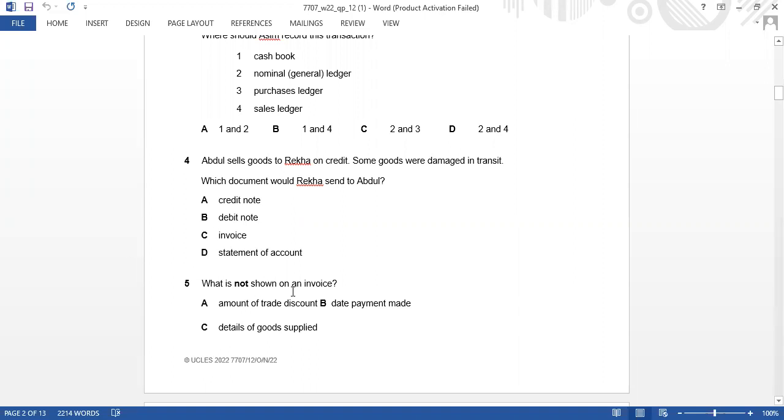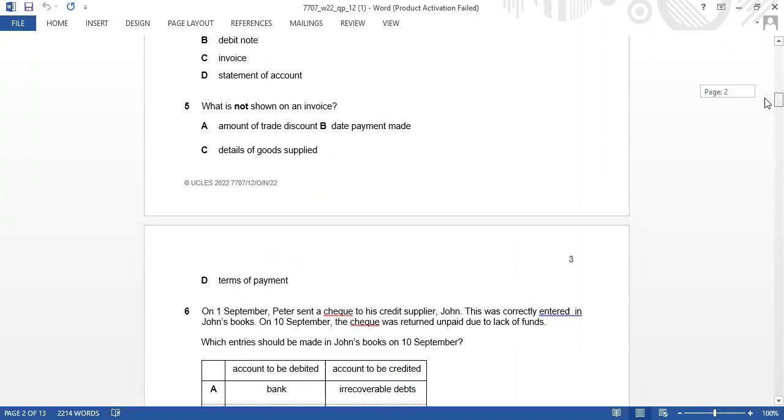What is not shown on an invoice? A is amount of trade discount, B is date payment made, C is details of goods supplied, and D is terms of payment.